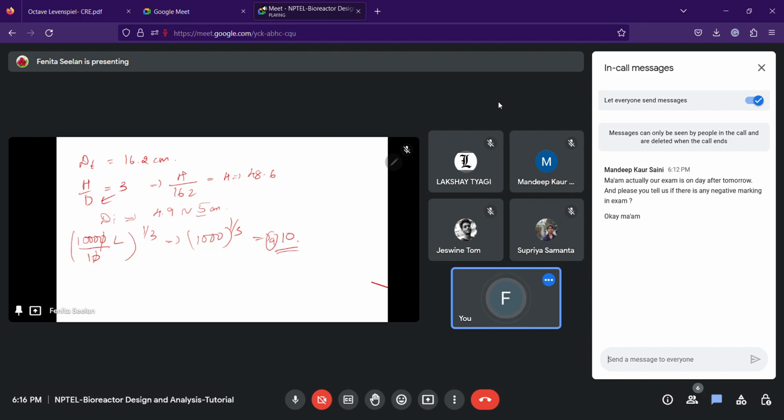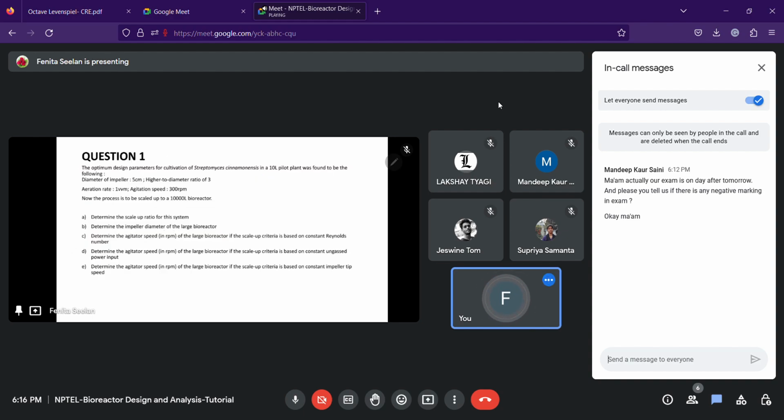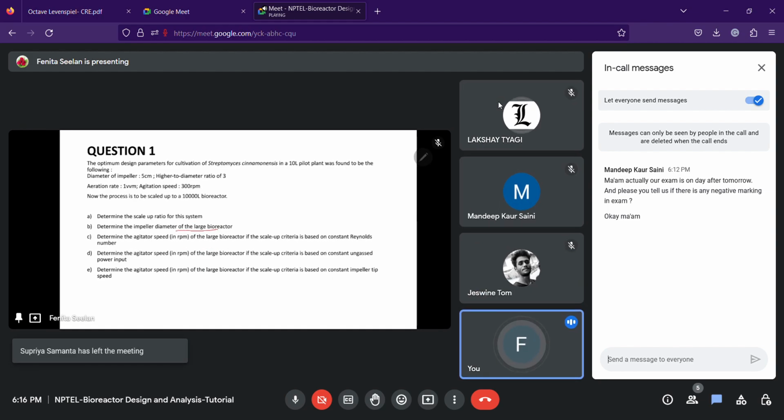What is the second question you were asked? You were asked to determine the impeller diameter of the larger bioreactor. So how do we calculate the larger bioreactor diameter? You guys have solved your assignments, right? So I think you will be able to answer the question.